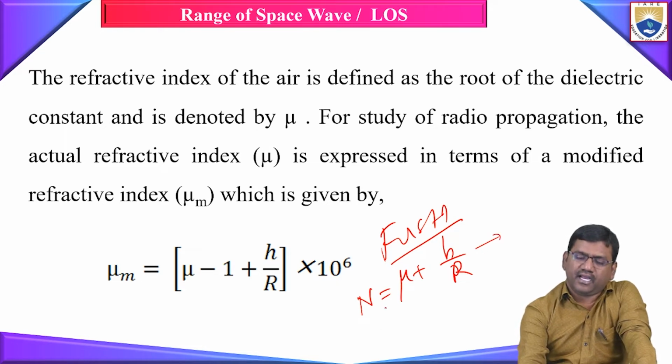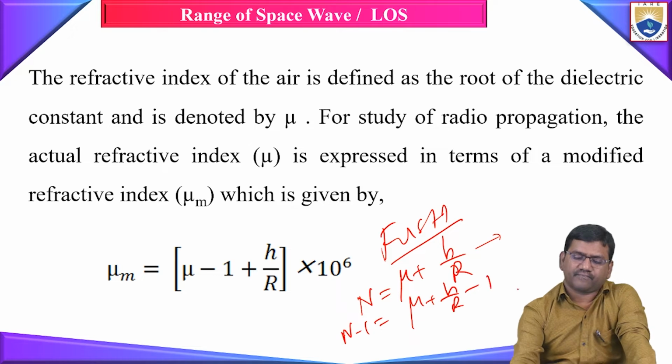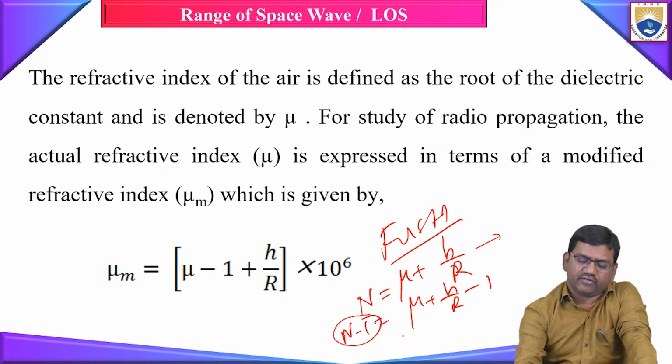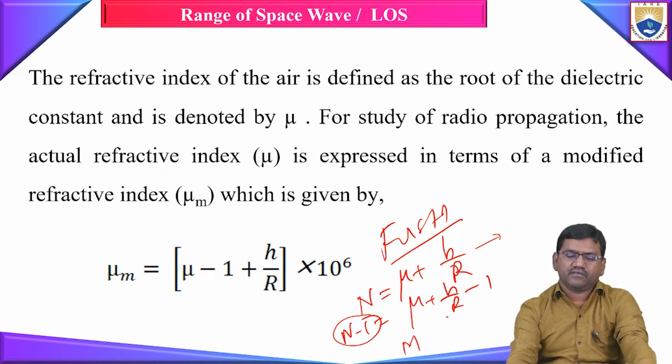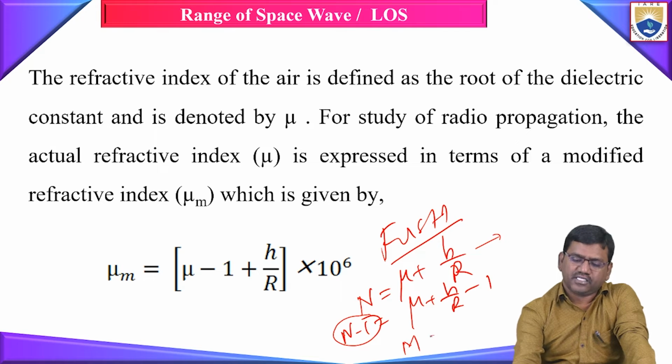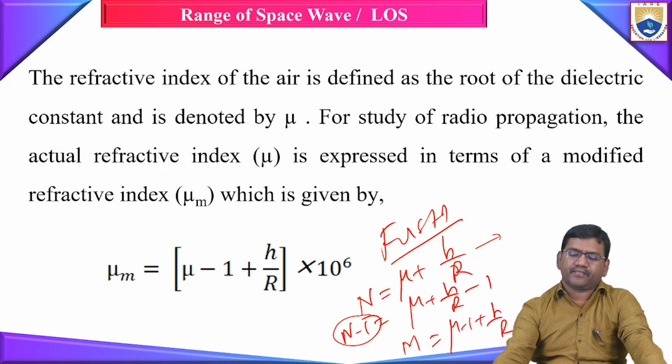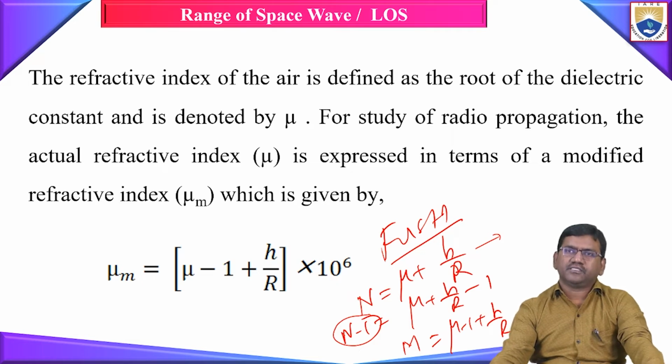Subtracting 1 from both sides, we get n minus 1 is equal to mu plus h by r minus 1. And this n minus 1, we call capital M, which is known as the modified refractive index. It is given by M is equal to mu minus 1 plus h by r.